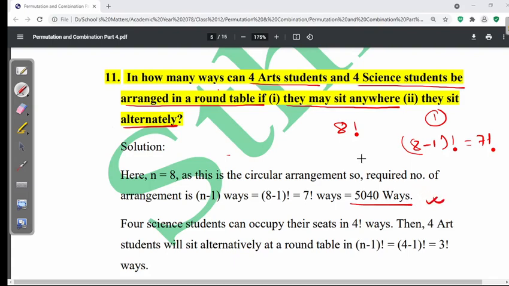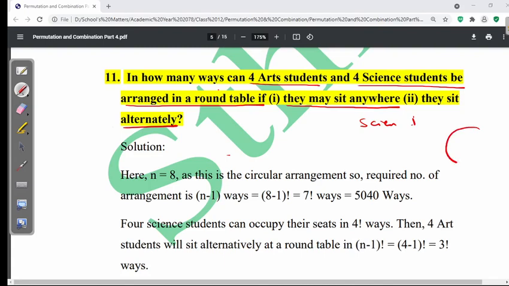First part is completed, and they can sit alternatively. In this case, 4 arts and 4 science students are here. So in a circular arrangement we have to fix one. Suppose we fix a science student. If we fix a science student in the circular arrangement, then the science students can be arranged in 4 minus 1, that is 3 different ways.